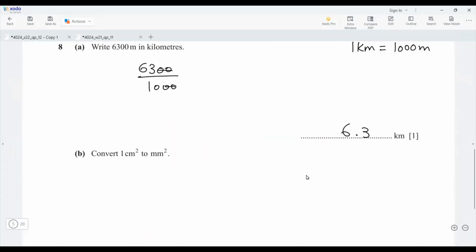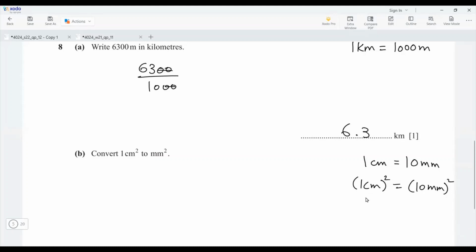In the next question, you have to remember the conversion units for squares. On the scale, between 1 centimeter there are 10 small lines, which are the millimeters. So 1 centimeter is equal to 10 millimeters. In order to get the square units, we have to take the squares on both sides, and the units become squared as well.